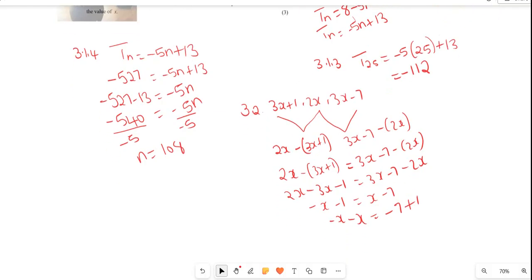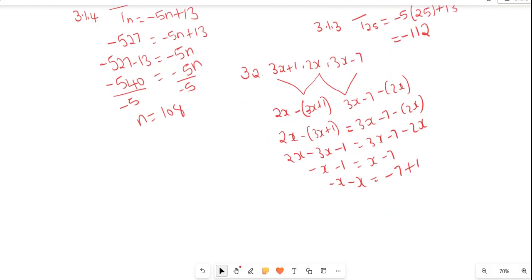So minus x is minus 2x equals minus 6. I'll divide by minus 2, and x must give me 3. And x must be 3.